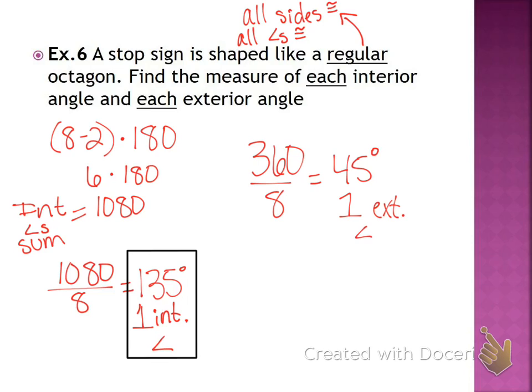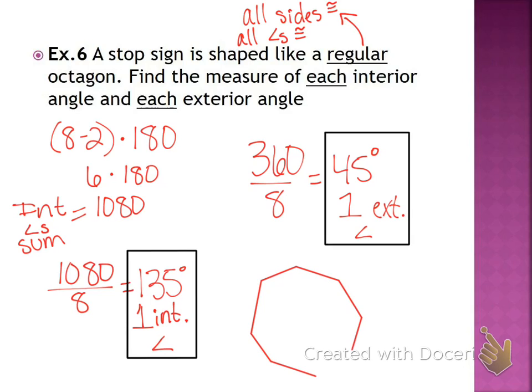Very good, they're supplementary, and that should make sense to us, because if we were to draw this, which mine will not be regular, and we look at one interior and one exterior angle, so let's say I take this side and I extend it out.